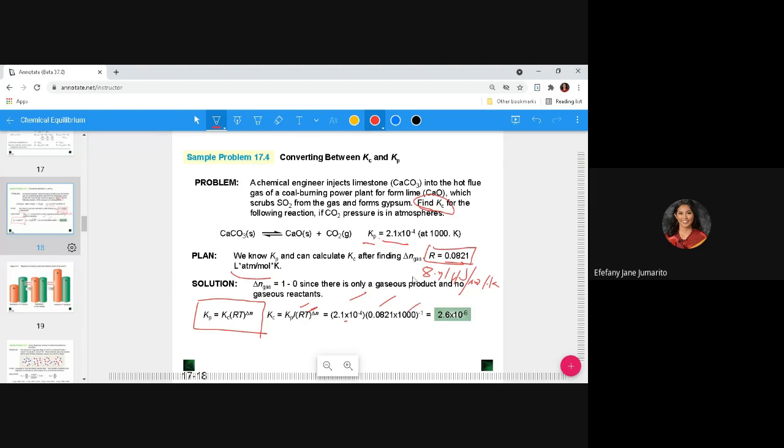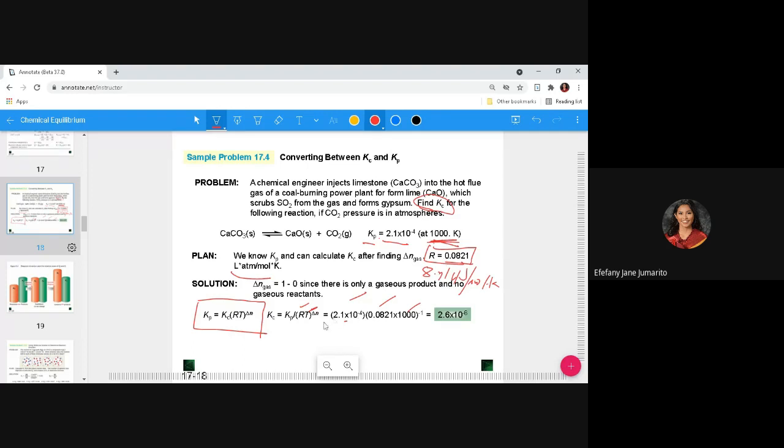Now, class, at equilibrium, temperature is constant. Because if it's not constant, then it's not at equilibrium yet. So this time, at equilibrium, it's constant at 1000 Kelvin.